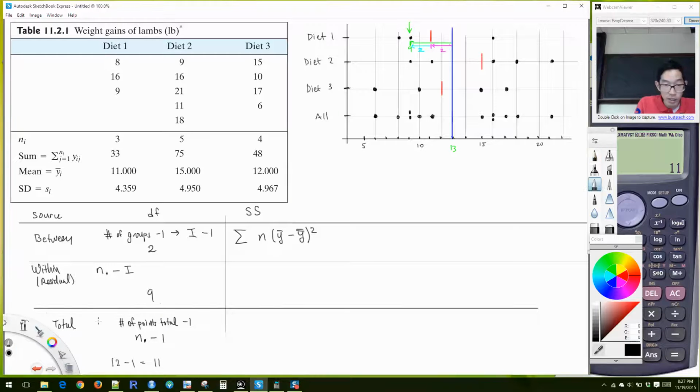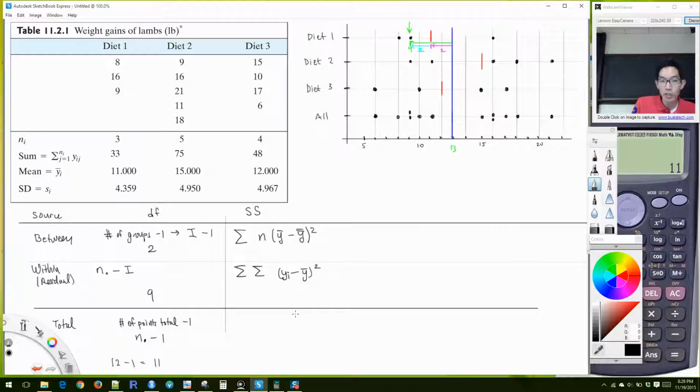And over here I said we take each individual data point minus its group mean, and we square it. But this requires that we know each individual data point. And sometimes, if you have lots of data, this is not available to us. So we have a little bit of a shortcut to get this.